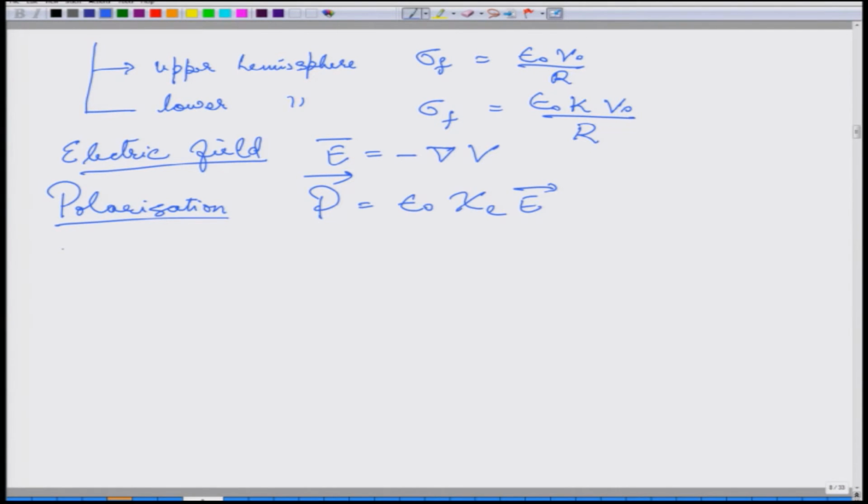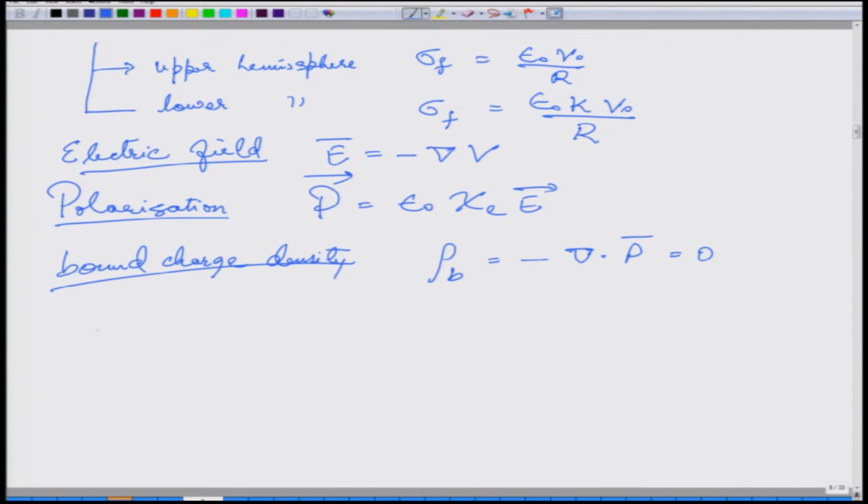And if you calculate the bound charge density, first of all rho B will be nothing but minus divergence of P. Here everywhere it will be 0.